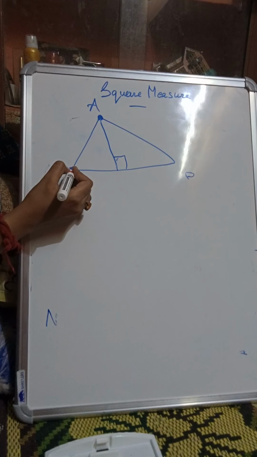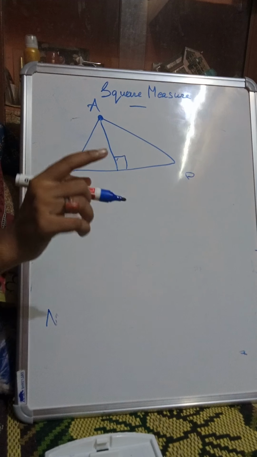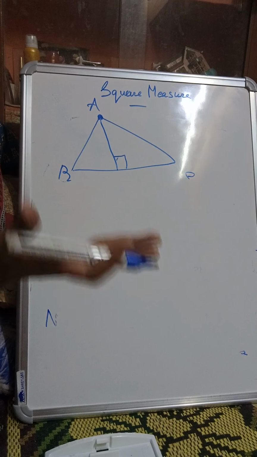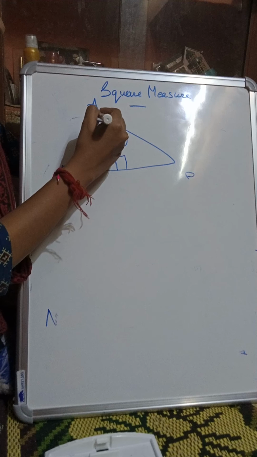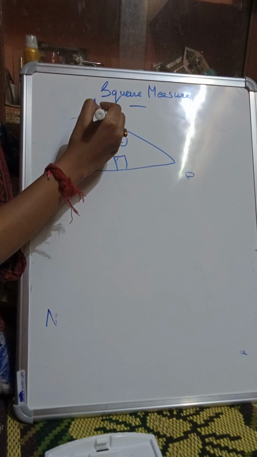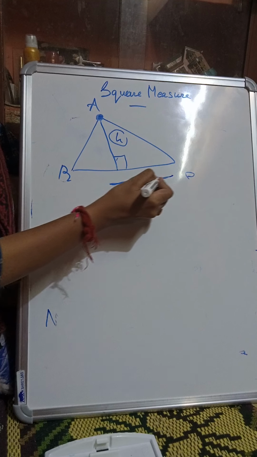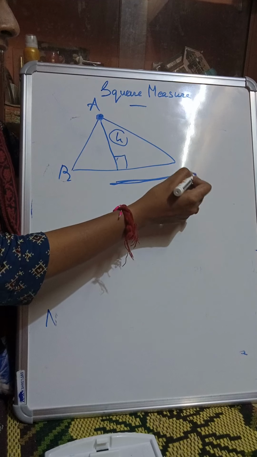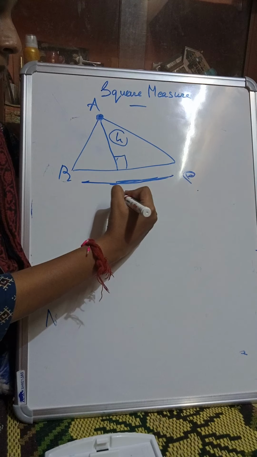A height is when we drop a perpendicular from any vertex to the opposite side. This is the vertex A, and opposite to the vertex A is the line BC. So this is my height, and this is the base.